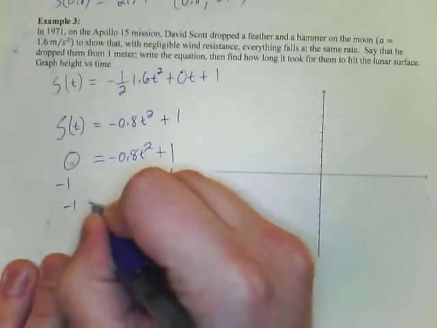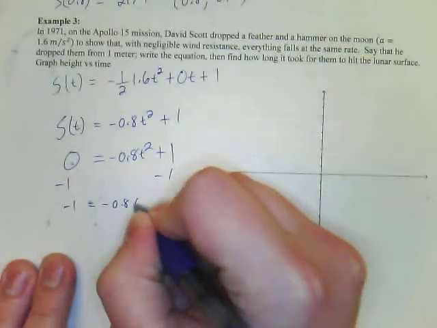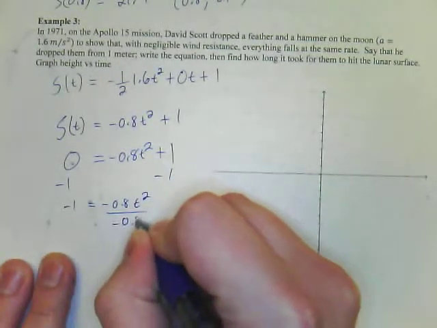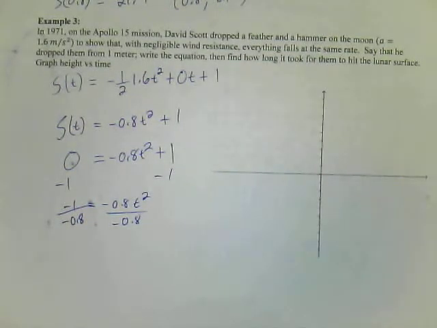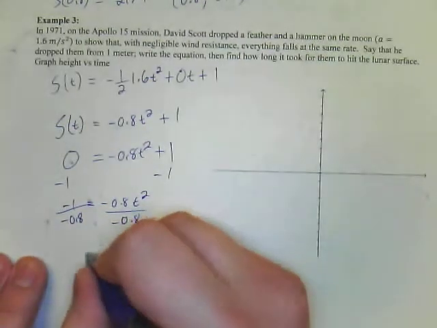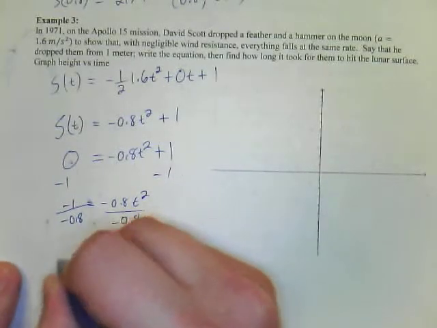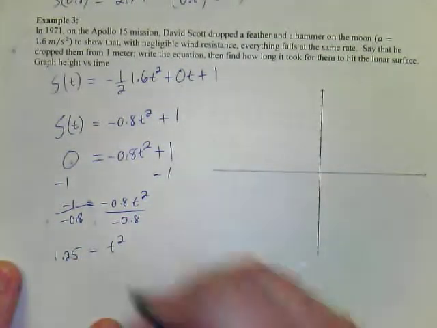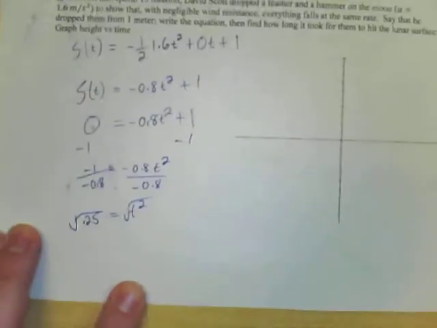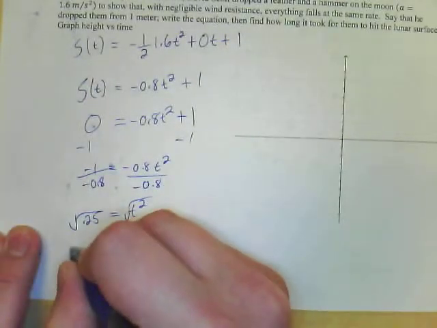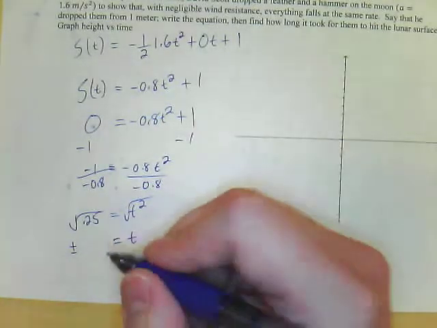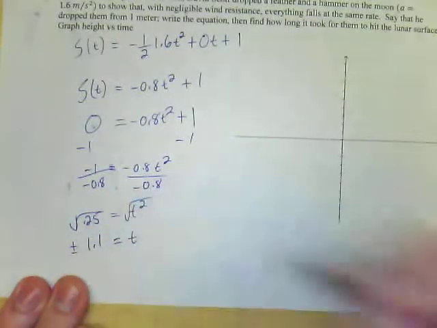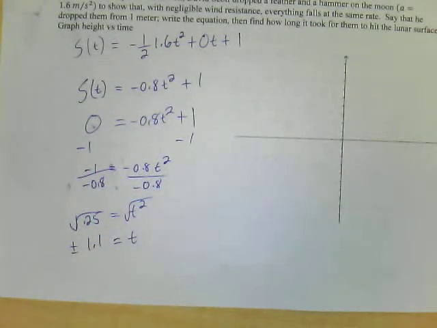So I'm going to subtract 1 from both sides, and then divide by -0.8. And then what we're going to get from that is t squared is equal to 1.25, and then square root both sides. And we get that t is equal to plus or minus the square root of 1.25, which is approximately 1.1. And we'll just round it off to 1.1.